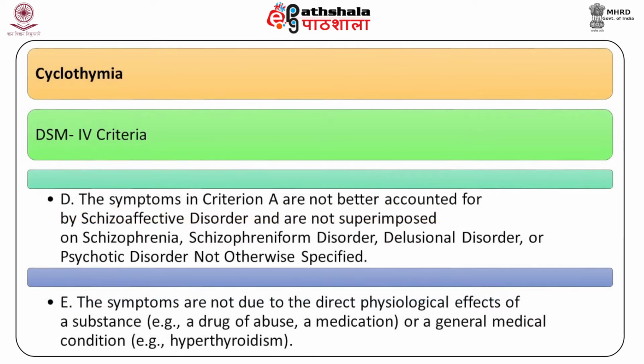D. The symptoms in criteria A are not better accounted for by schizoaffective disorder and are not superimposed on schizophrenia, schizophreniform disorder, delusional disorder or psychotic disorder not otherwise specified.